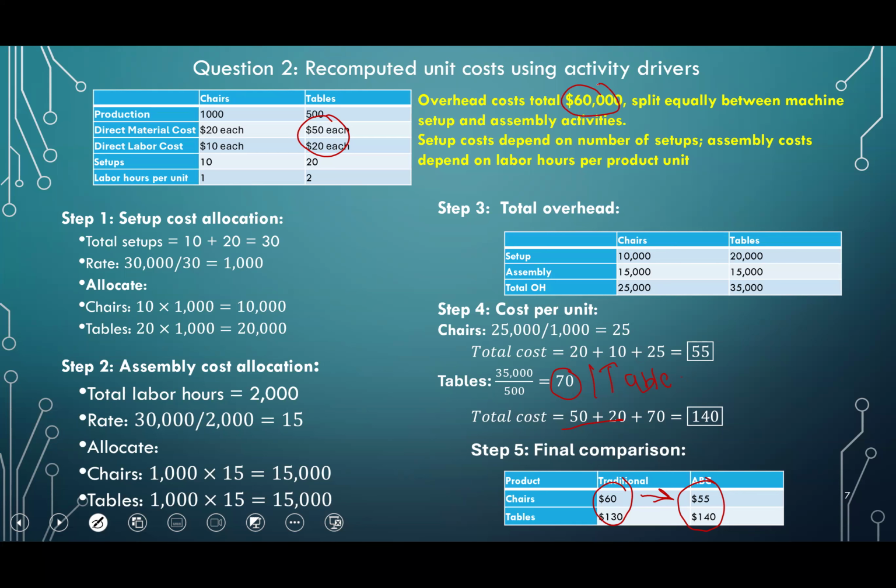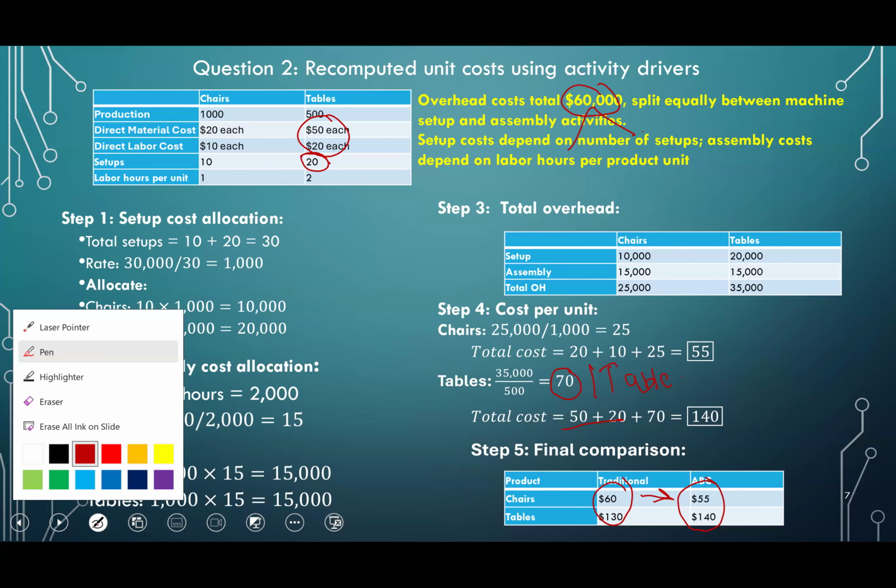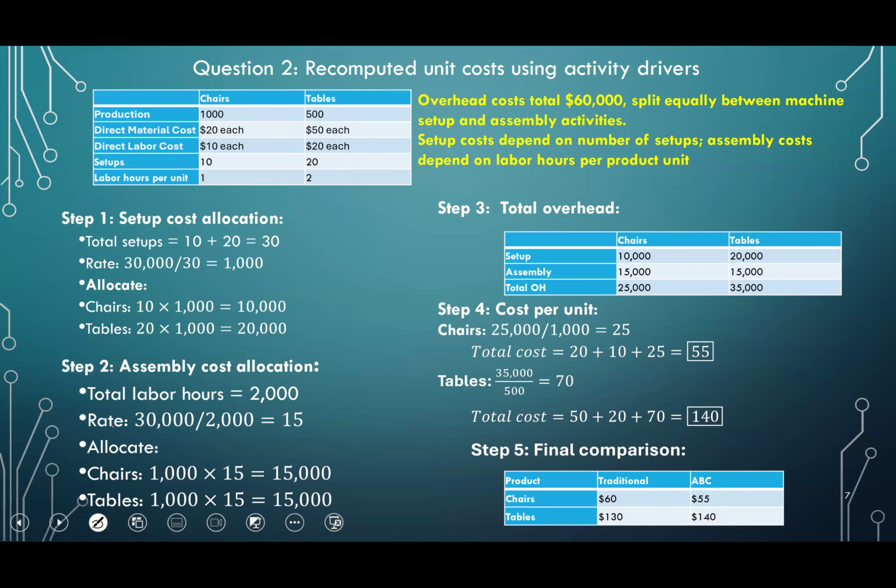Under the new system, we split 60,000 into two. And notice this. Tables consume a lot of setups and therefore they should be charged a little bit more. So that is the logic on the basis of which activity-based costing is allocating a little bit more to tables rather than the traditional system.